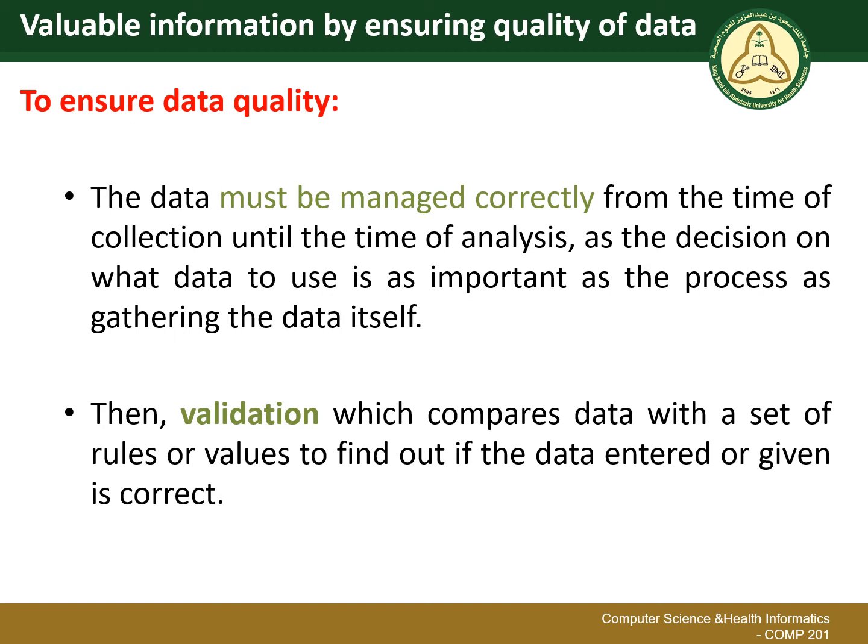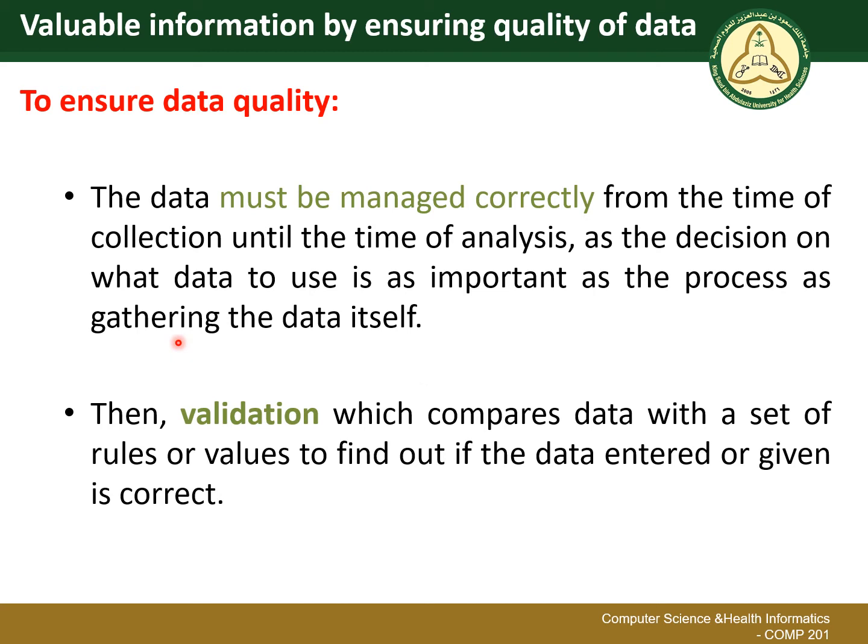How can we get valuable information? We can get valuable information by ensuring quality of data. To ensure the quality, the data must be managed correctly from the time of the collection until the time of analysis. The decision on what type to use is as important as the process of gathering the data itself.